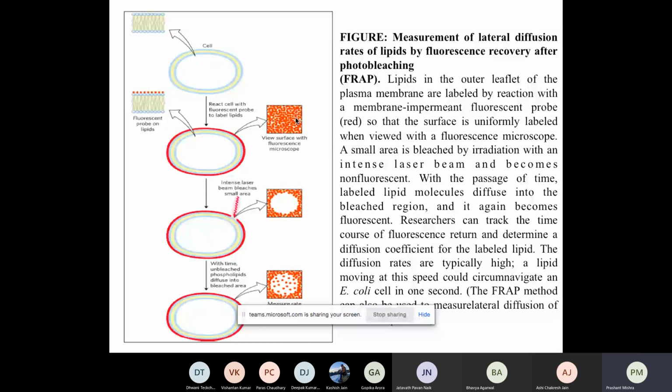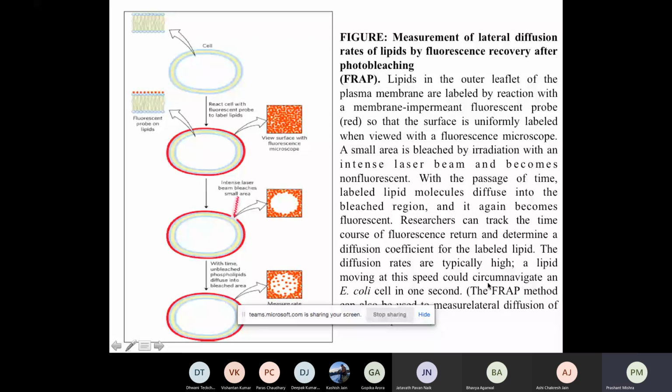Because protein has high molecular weight, so their movement will be restricted, whereas the lipids can move faster. In fact, one can determine and track the time and diffusion rate of lipid as well as protein, and you will find it is quite high.